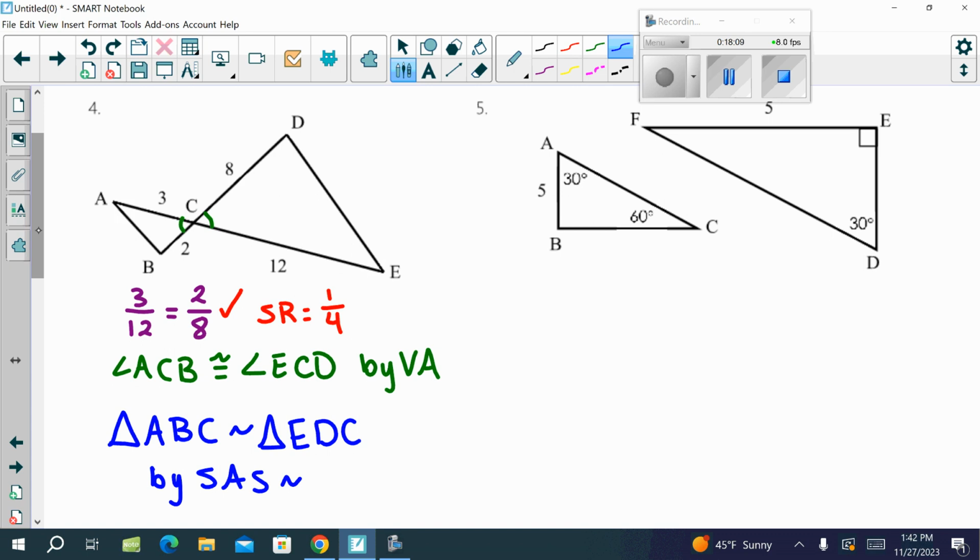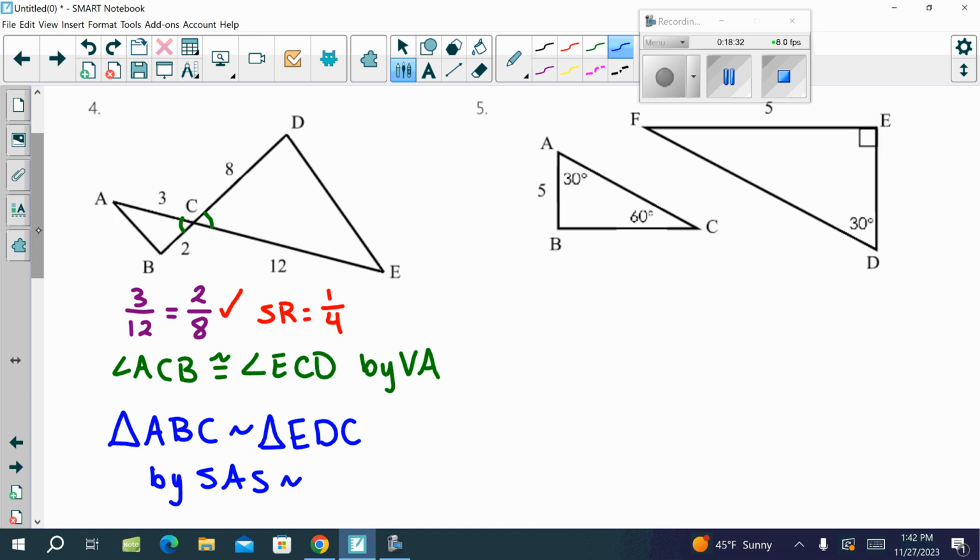No. You only have 1 side on each of these triangles, right? So is that going to help us do side, angle, side, or side, side, side? No. So what's our only option? 2 angles.